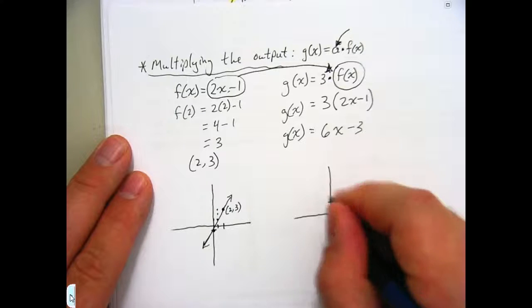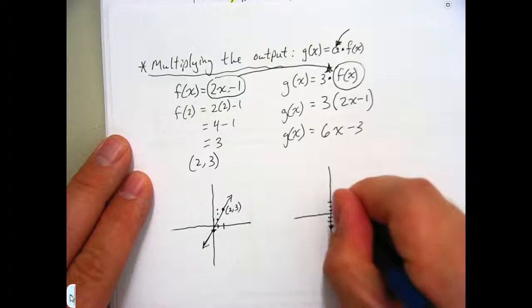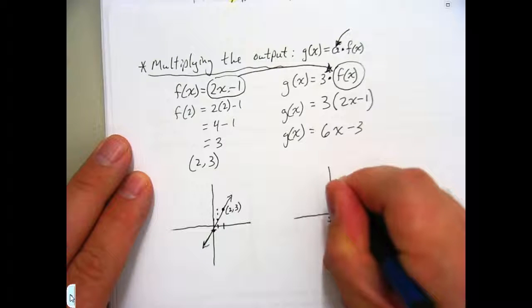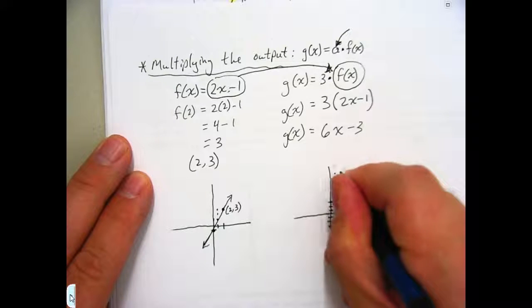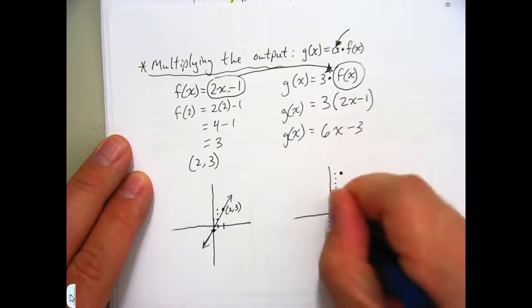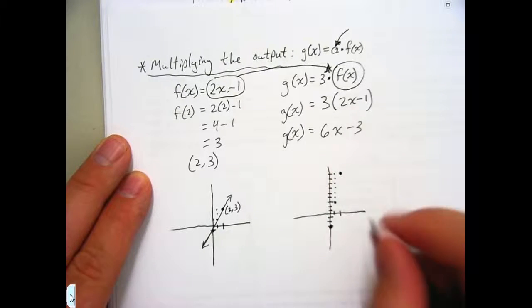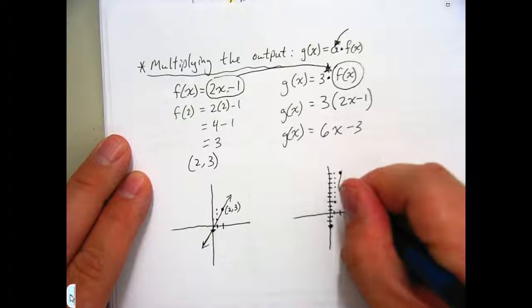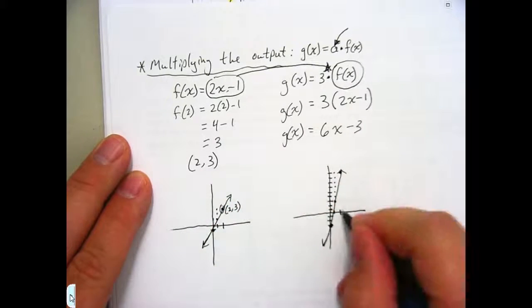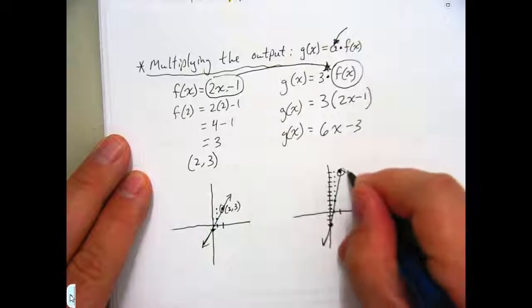It's there. We rise 1, 2, 3, 4, 5, 6. We run 1, and that's there. Well, when we draw this line in, that point that was at 2, 3 is now at 2, 9.